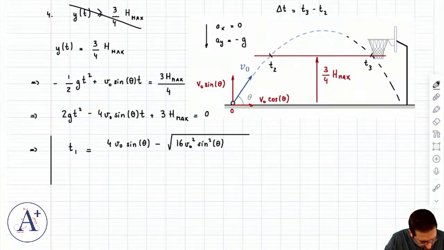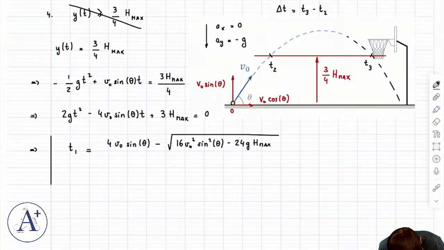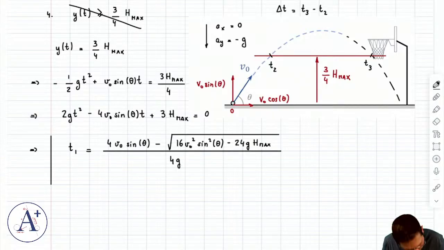So 4 times 2 is 8 times 3 is 24. So minus 24 g h max, divided by 2a, so that's 4g.